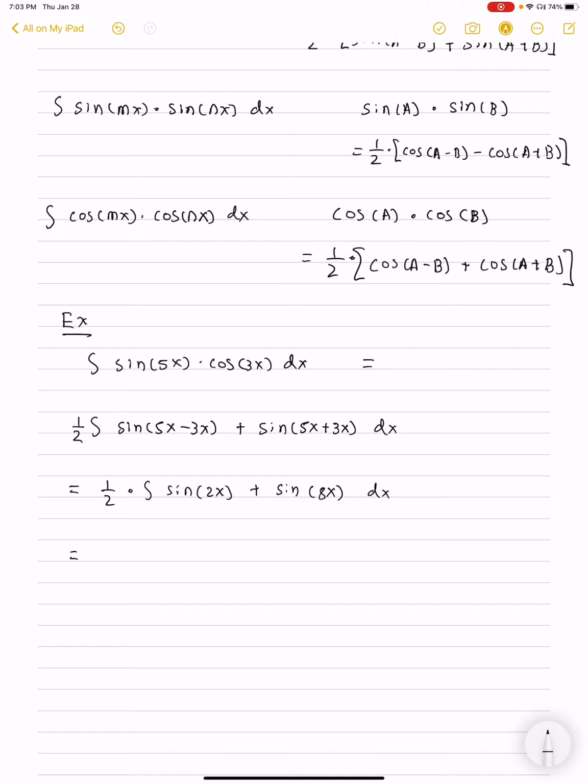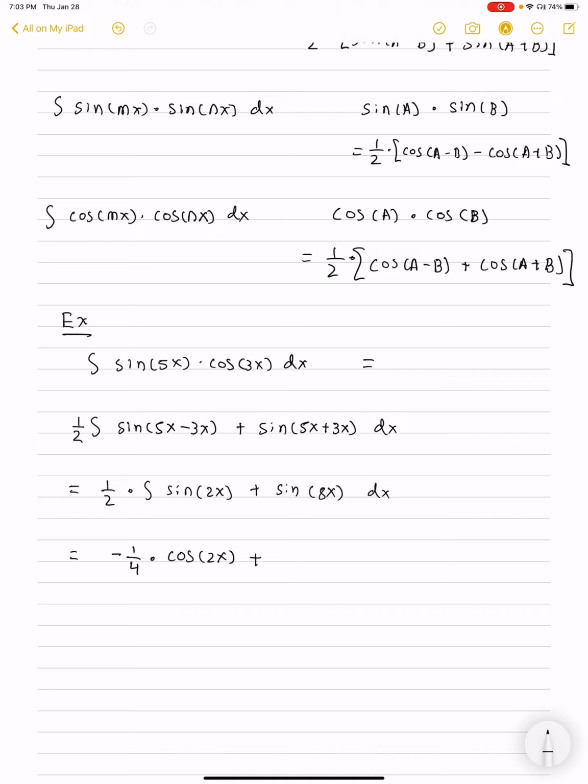This is an antiderivative from Calculus 1 we've seen before. You could do it with a u substitution with u equals 2x. And remember, the antiderivative of sine is negative cosine. So this will be minus 1/4 times cosine of 2x.